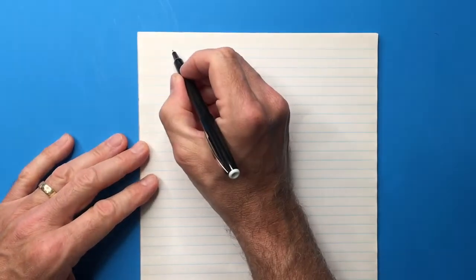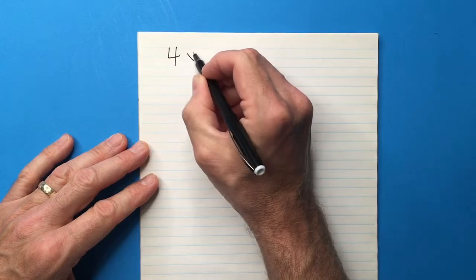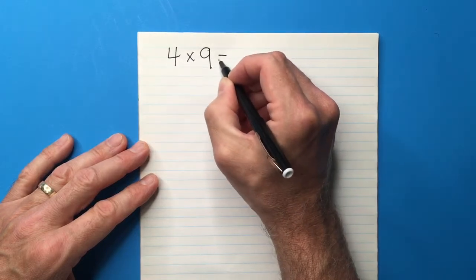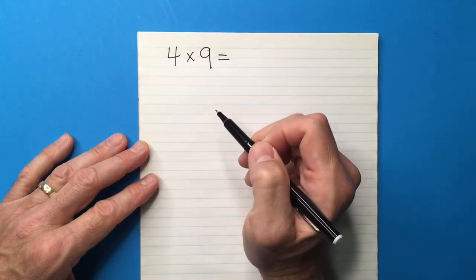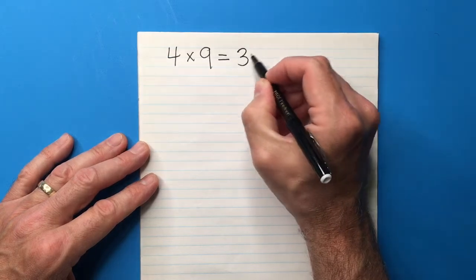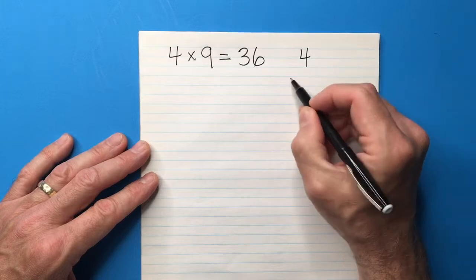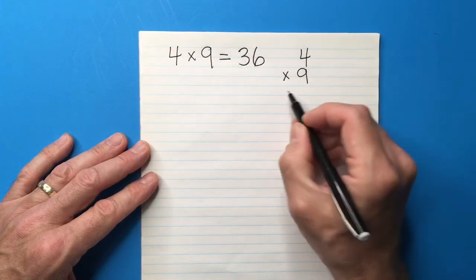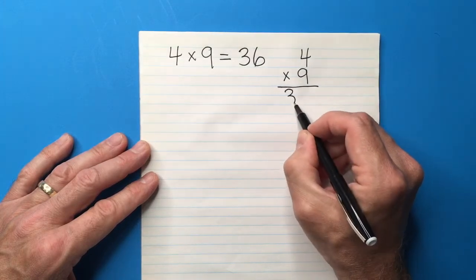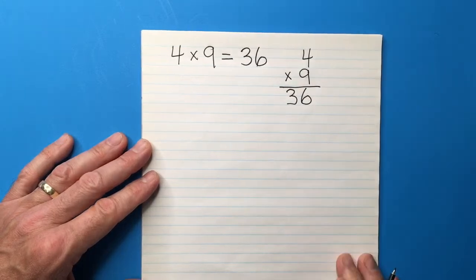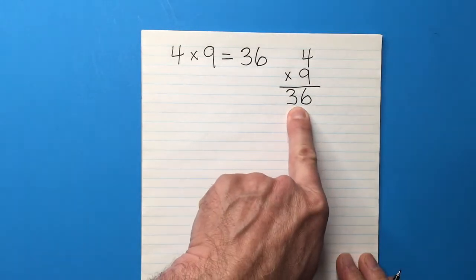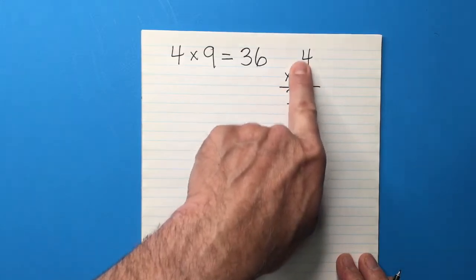Here's single-digit multiplication. I've been writing them down like this. 4 times 9 equals, so there's a multiplication fact. That's 36. But you can also write this down like this. 4 times 9 equals 36. And it matters how you write it down when you write it down vertically.